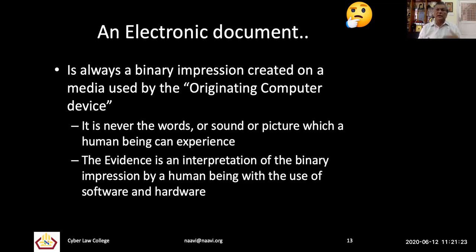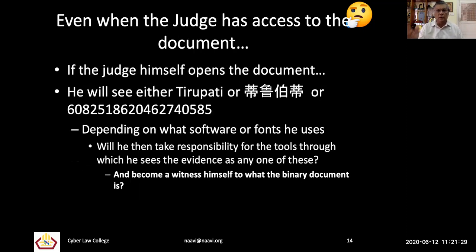That is why we say data is created by a computer but interpreted by a human being. Even when the judge has access to an electronic document and he himself opens the document in his computer, he will see either Tirupati or the Chinese words or the number, depending upon what software or fonts he uses.